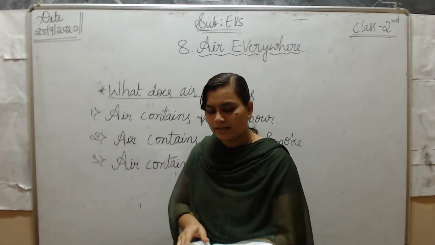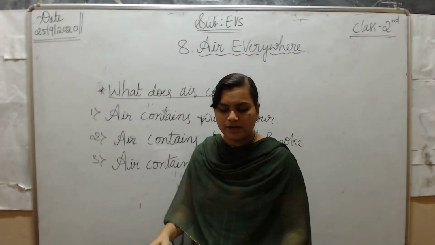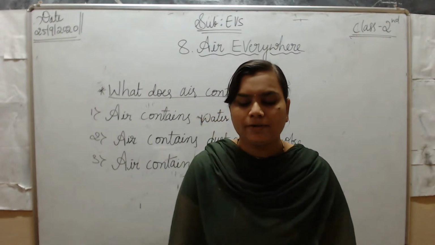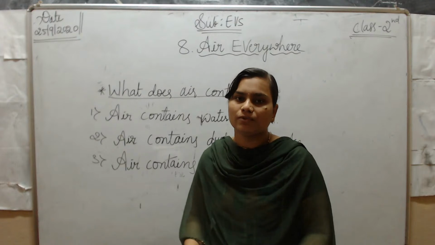Plants help in cleaning the air for human beings and animals. Plants also breathe. They take in carbon dioxide and give out oxygen. This helps plants, animals and human beings to breathe clean air. Therefore, we must plant a lot of trees.